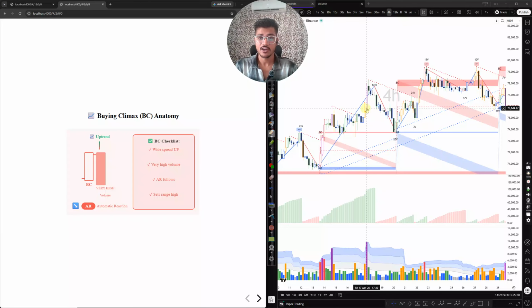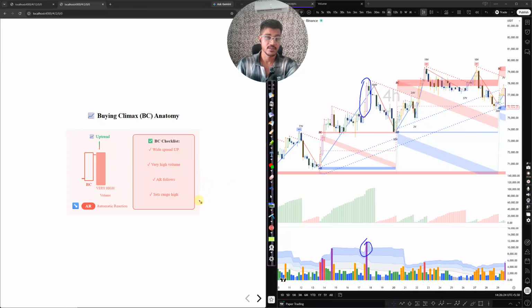On the sign of strength bar, you see volume was very high here. Then immediately the AR follows. Very climactic volume, and then the AR follows. This sets the range that we see here. So these are the climactic volume signs that we need to look for in order to identify the buying climax.